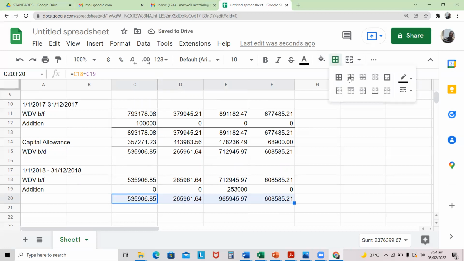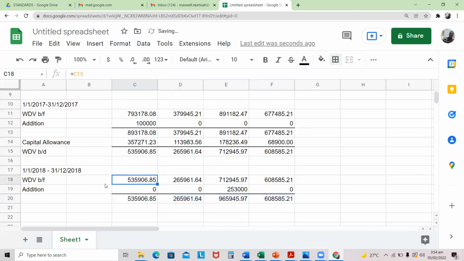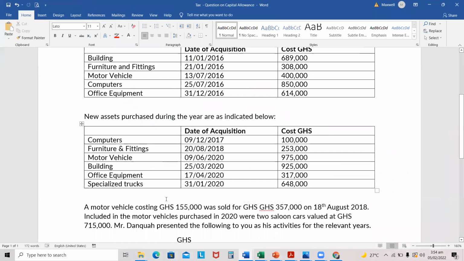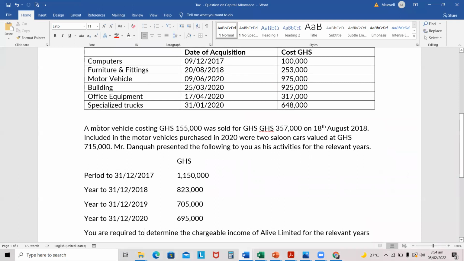Okay, so we have this, and then we ask ourselves whether there was disposal. So the question said, a motor vehicle costing 155,000 was sold for 357,000 on 18th August.